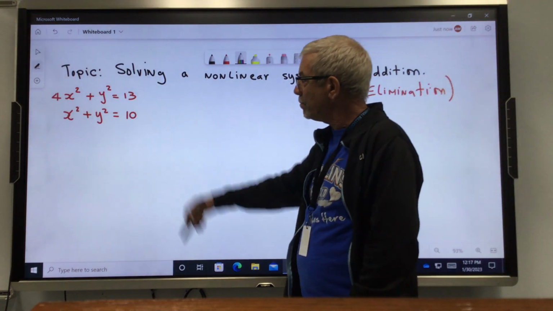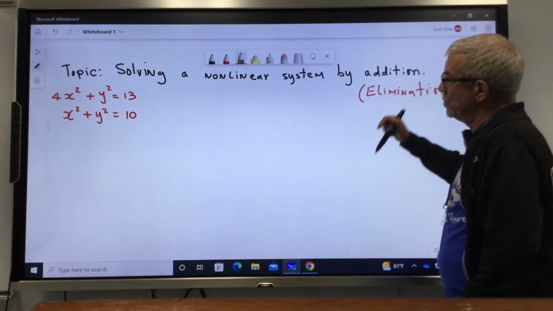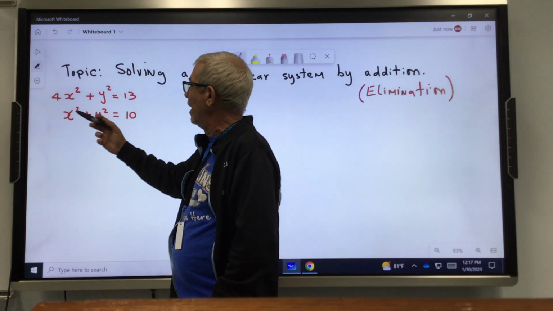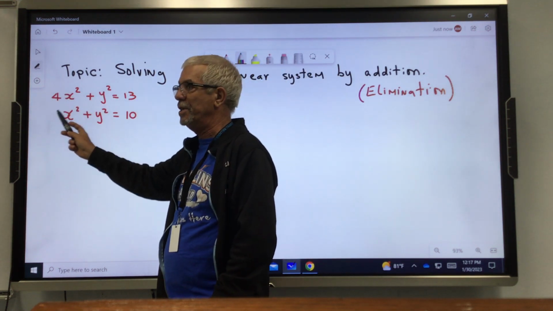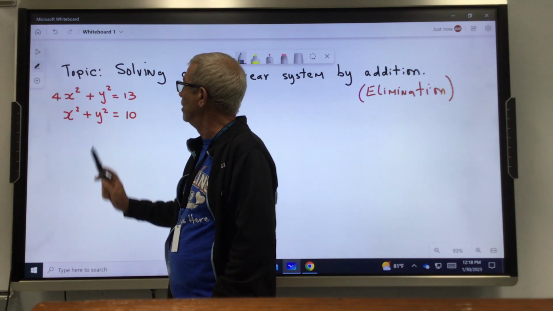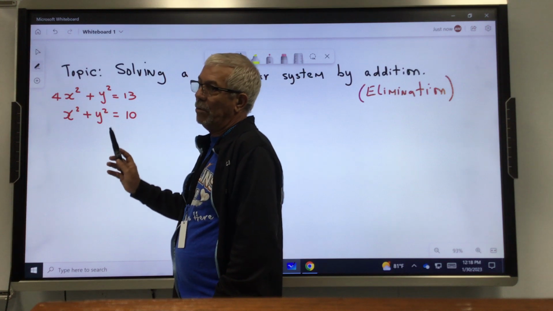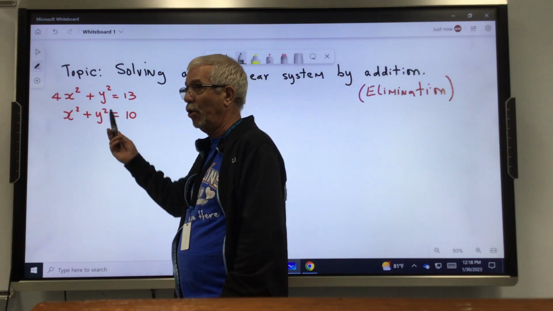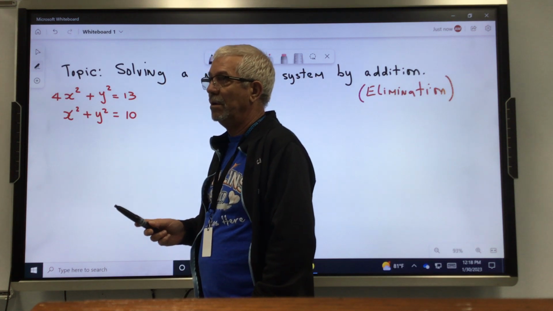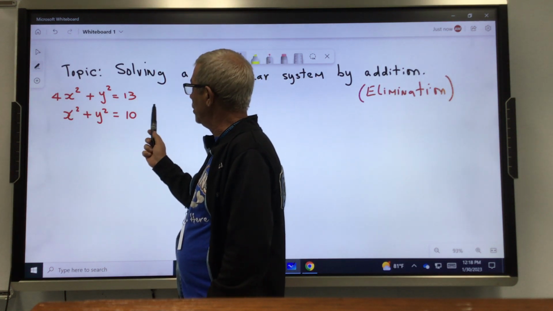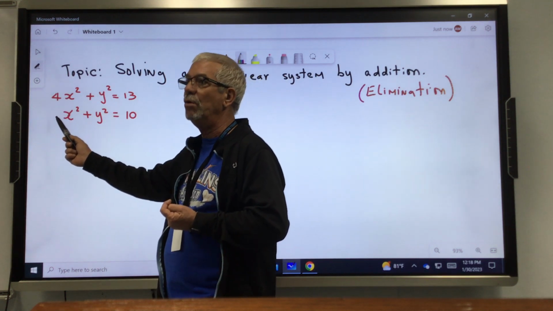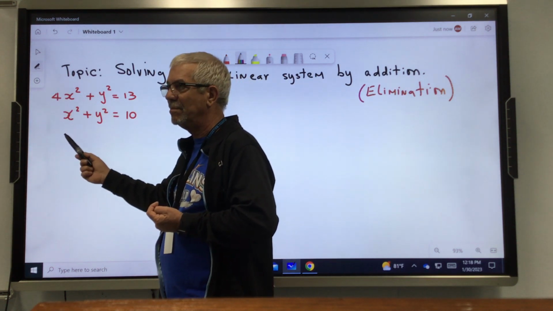Number one: by addition, or elimination, I need to try to eliminate one of the variables. As you can see here, we have a coefficient here that is 4, here is 1, here is 1, okay? Then we have different ways to solve that system of nonlinear equations. For example, one way is I multiply the first equation by 1 and the second equation by -4, we can eliminate x.